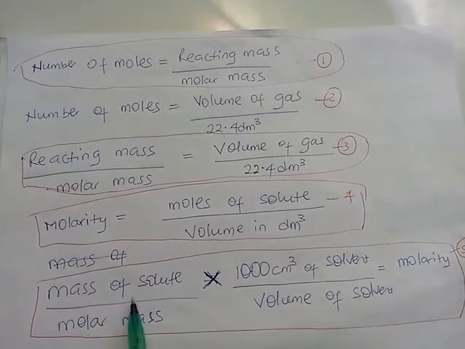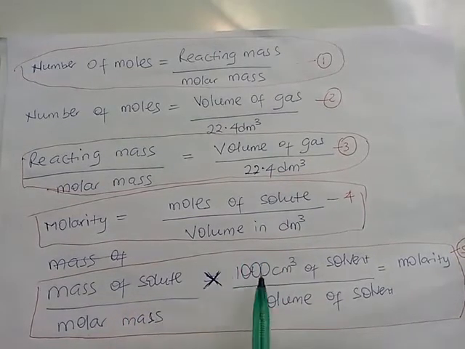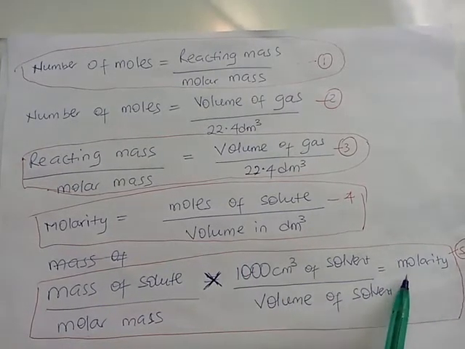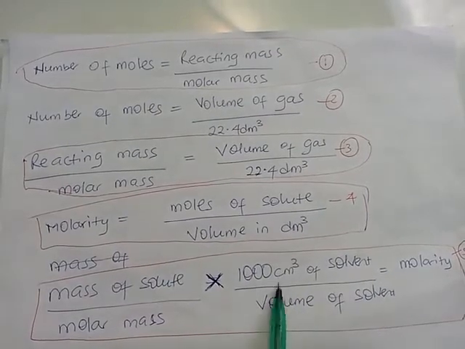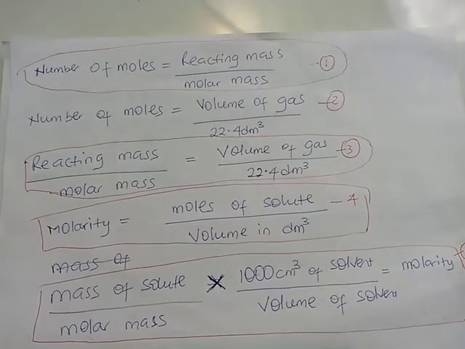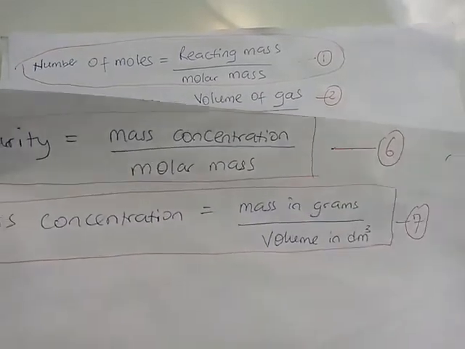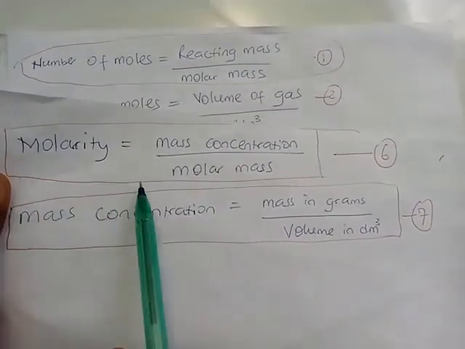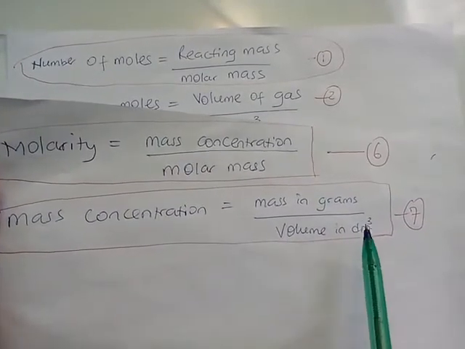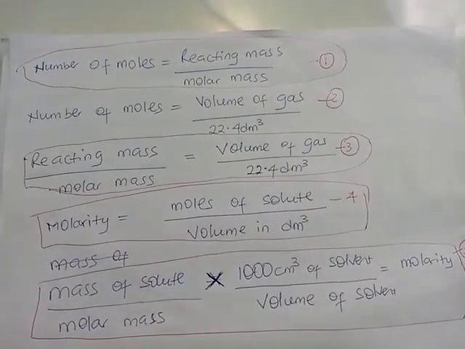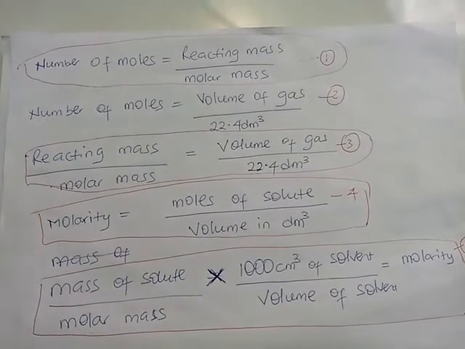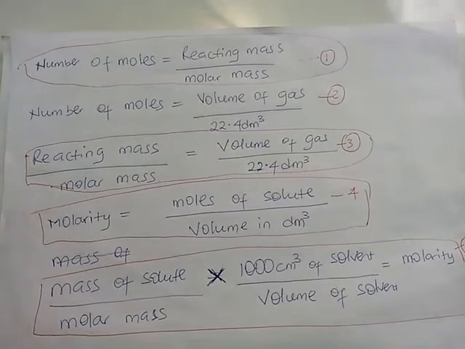And also that mass of solute all over molar mass times 1000 cm cube over volume of solvent is equal to molarity. I mentioned that this is because of the need to convert volume to dm cube. Then I also continued with this one, that molarity is equal to mass concentration over molar mass, and the mass concentration is equal to mass in grams all over volume in dm cube. So I gave the relationship then because that is what we need in order to solve questions like this.